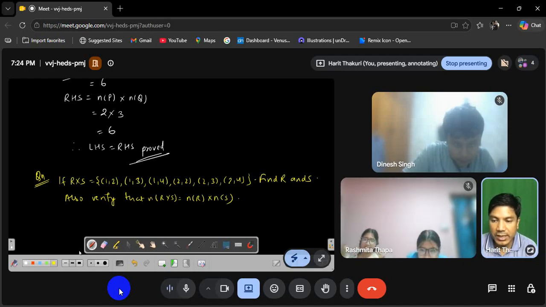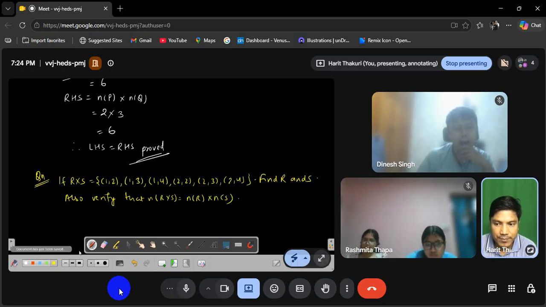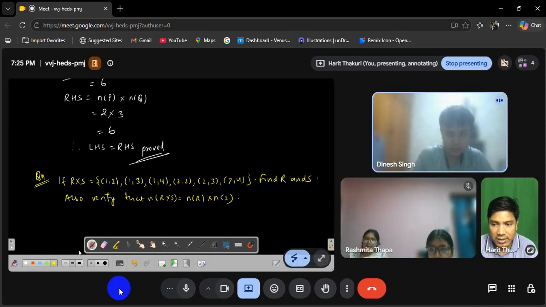If R cross S equals (1, 2), (1, 3), (1, 4), (2, 2), (2, 3), (2, 4), we need to find R and S. What will be the elements of R? 1 and 2. What will be the elements of S? 2, 3, 4.